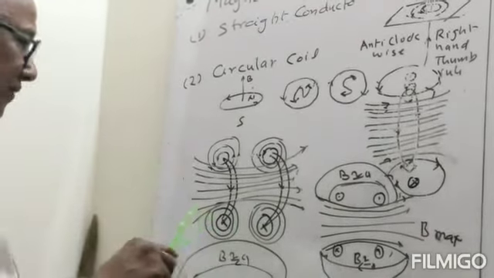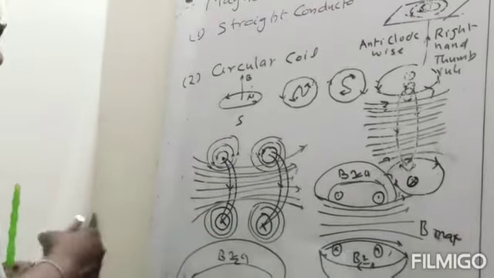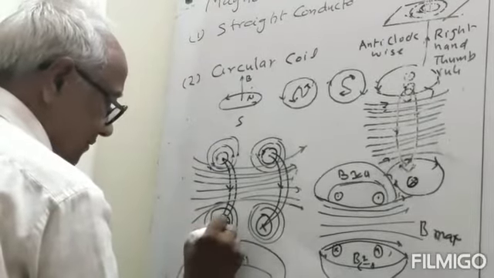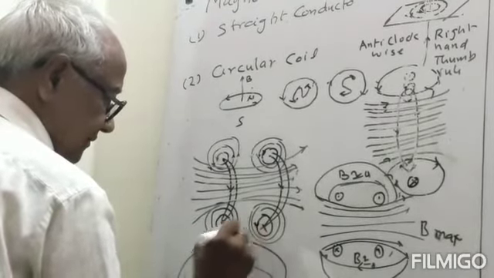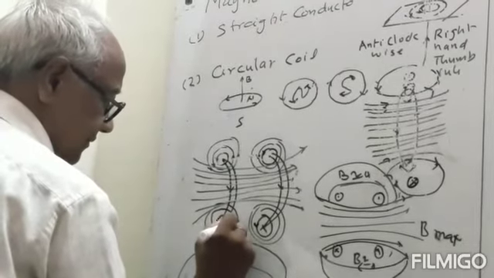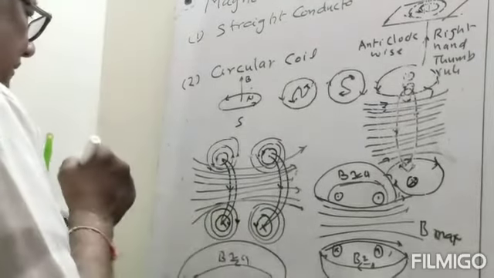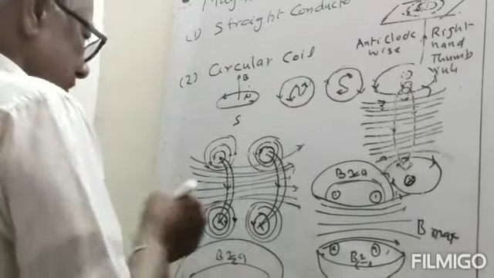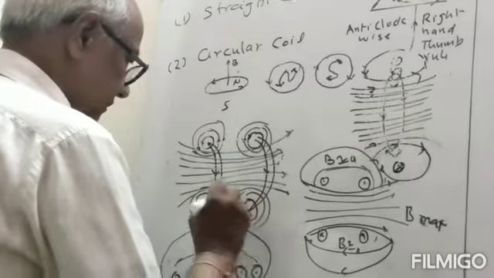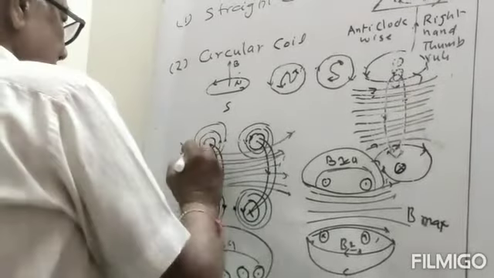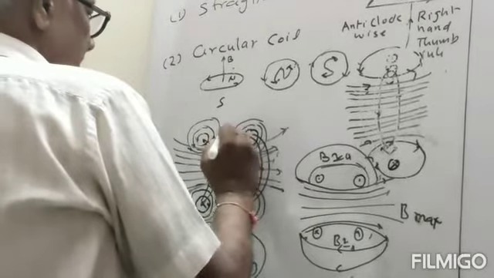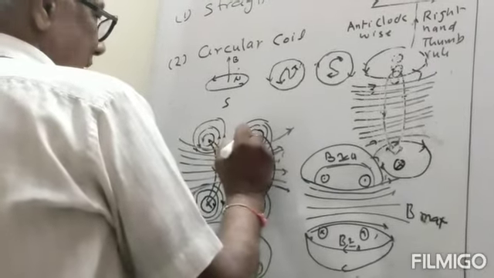Here also, where the current is crossed, the magnetic lines of force will be clockwise. Here it will be clockwise. Here this is going upward and this is going downward, so they will cancel.